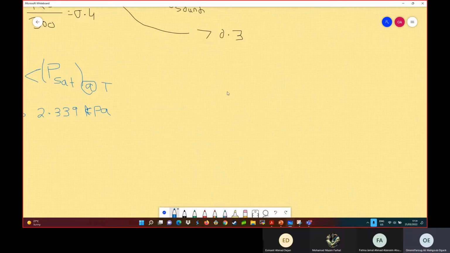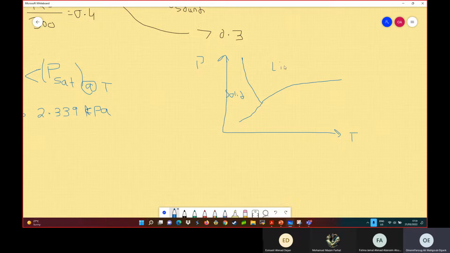If you know the phase diagram of water, this is the temperature and this is the pressure. We have something like this, where this region is solid, this region is liquid, and this is the gaseous region. So this pressure is actually this line. You see this line?